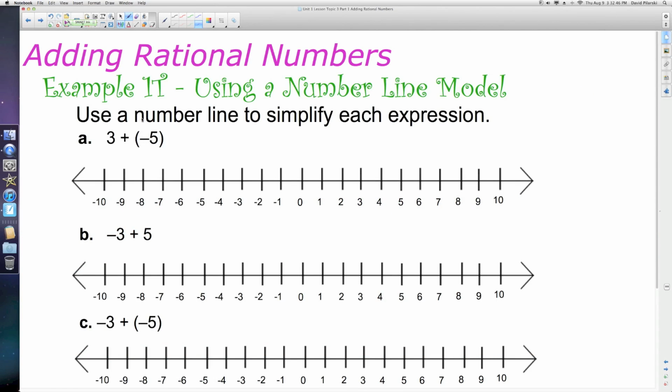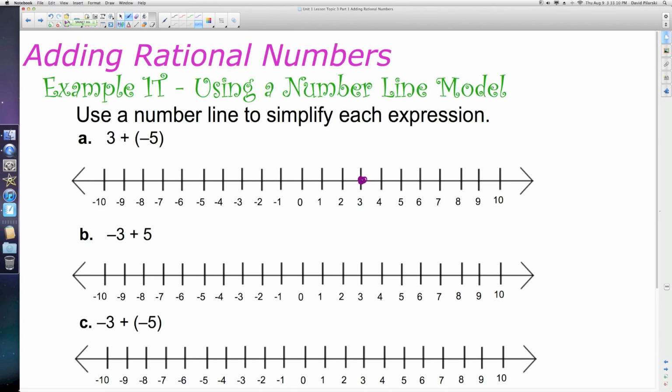Here in Example 1, we're using a number line to model the addition of rational numbers. More so, we're using them to model integers more exactly, but integers are rational numbers. Example A says 3 plus a negative 5. To do that, it's 3 basic steps. You start at the first number, and the first number here is 3.